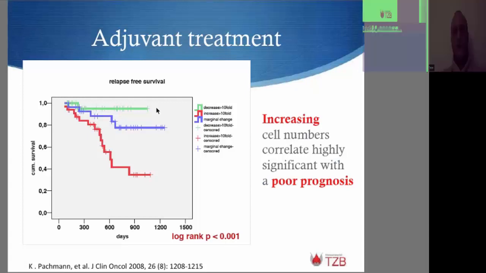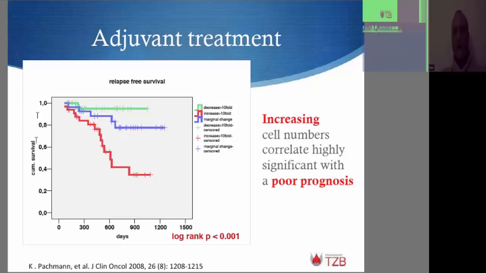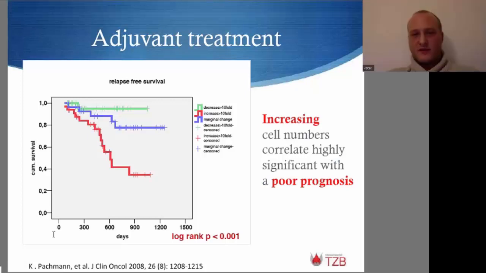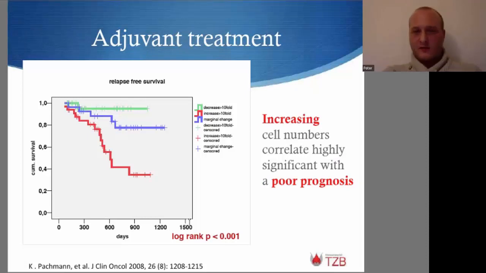These are the overall survival of patients, and these are the days of the investigation. The green line are the patients with decreasing cell numbers under therapy, and they have a very good survival rate.